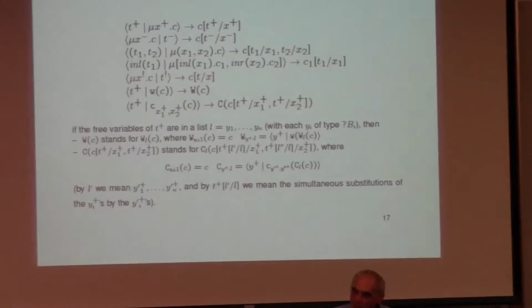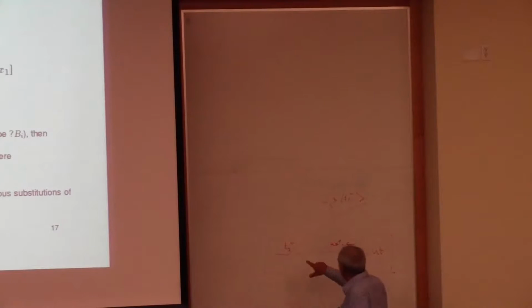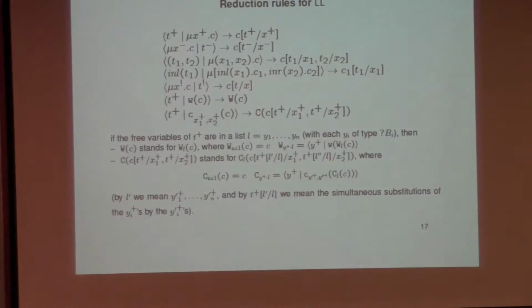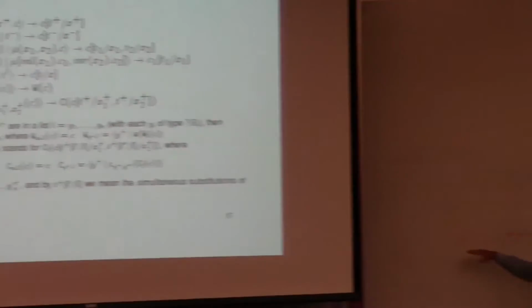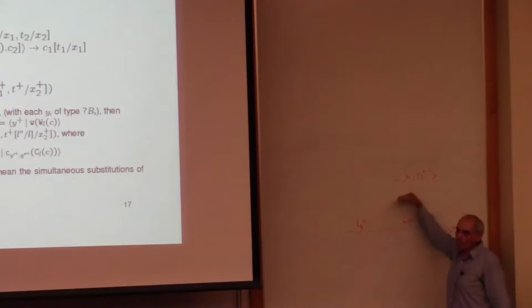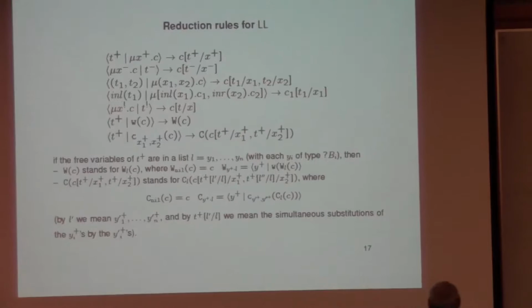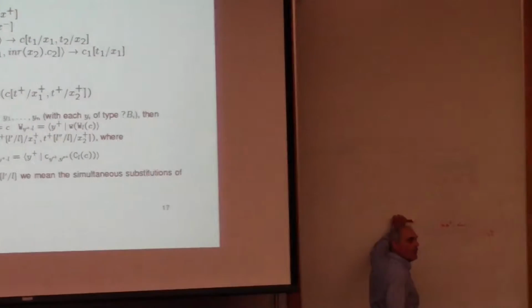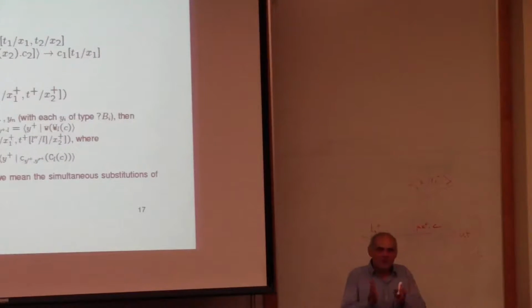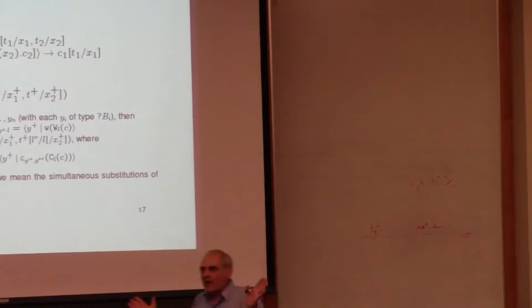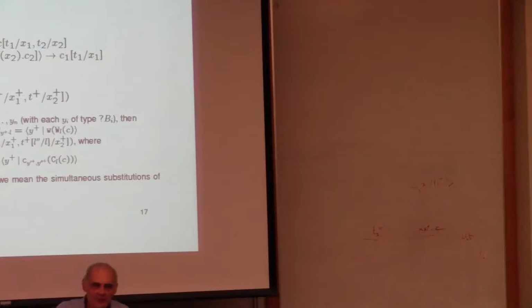And they are called control rules because you see that if you apply the first rule, then you are going to let the cut go up on the right, while if you apply the second rule, you are going to let the cut go up on the left. So you decide on where the control of your cut elimination is going with these rules.